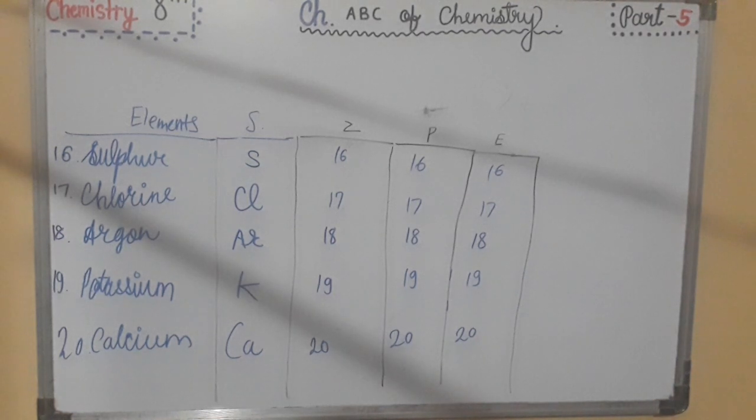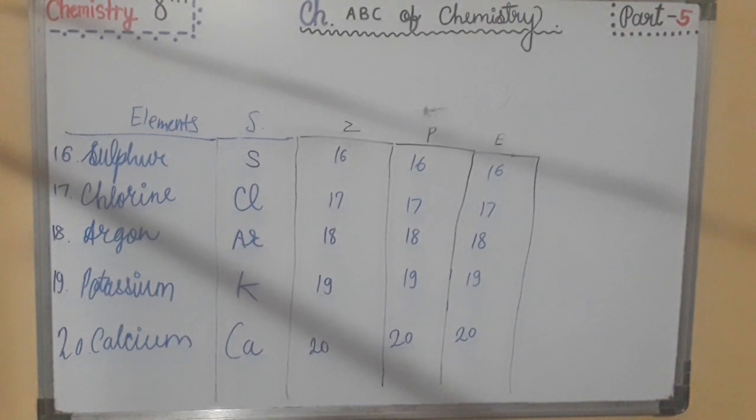But note that first point is all the atoms of the same element have the same number of protons in their nuclei and hence they have the same atomic number. Second, atoms of different elements have different number of protons in their nuclei, so that they have different atomic numbers.